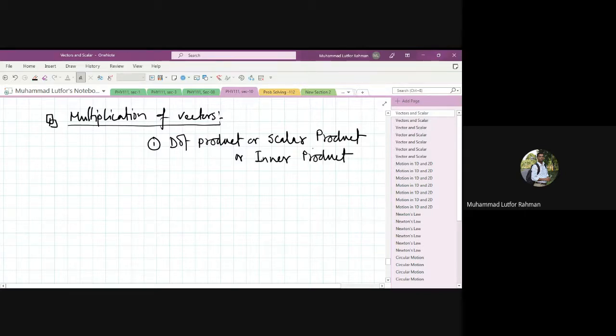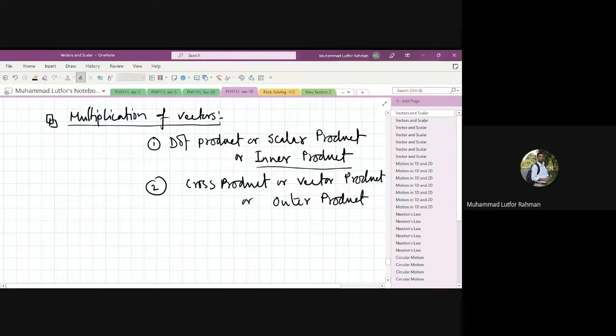The second method we define is called the cross product, or vector product, or sometimes we also call it the outer product. These two keywords, the inner product and the outer product, we basically use in our quantum mechanics language. So it's the same thing: the dot product and the cross product.